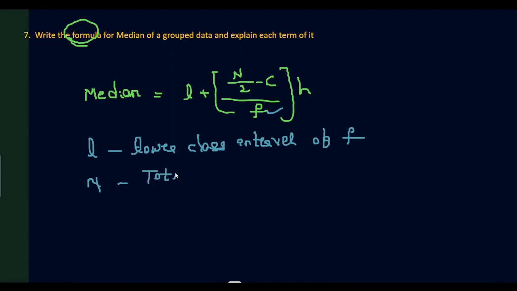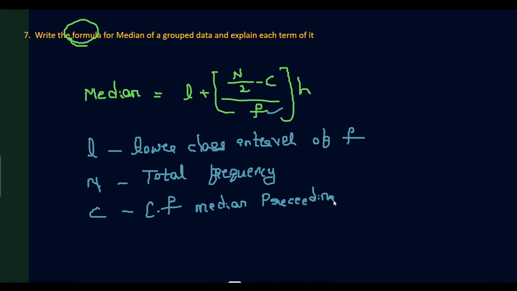That is denoted by the letter N. And C. What is C? C is the cumulative frequency of the class preceding the median class. And what is F? F is the frequency of the median class.